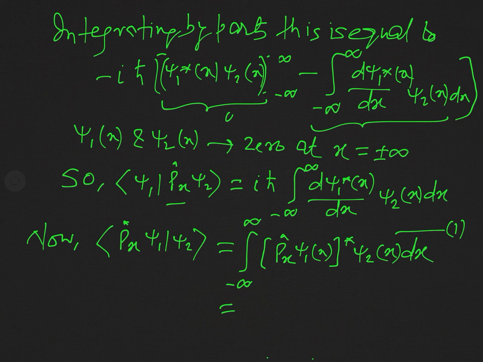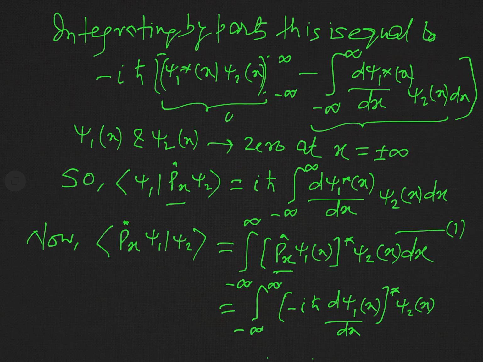And now write the meaning of this operator px hat. This is in fact minus i h cross d/dx. So what will it be? It is the integral from minus infinity to plus infinity of minus i h cross d psi1 of x dx, star, psi2 of x dx.